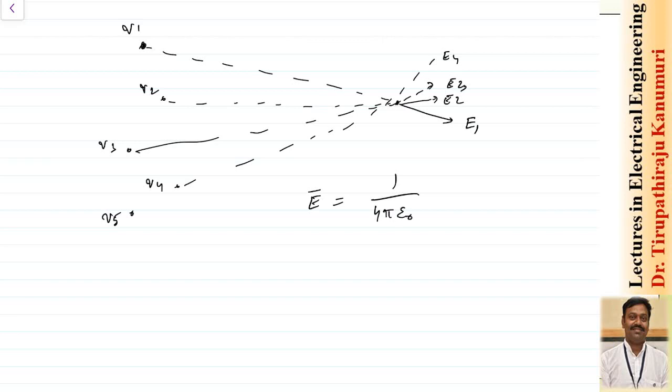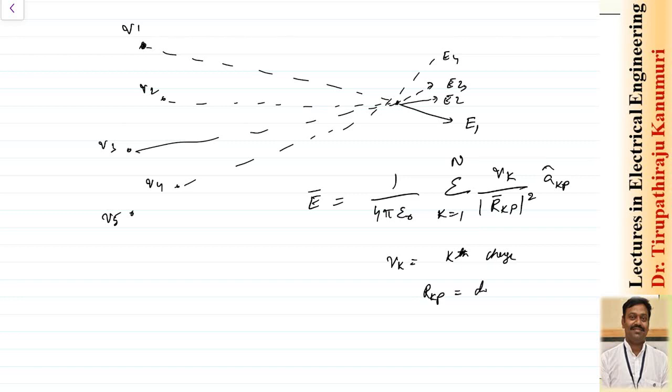So I can write this as 1 by 4 pi epsilon naught, sigma k from 1 to n, let us assume there are n charges, of qk divided by rkp squared, in the unit vector direction akp, where qk indicates the kth charge and rkp indicates the distance of the kth charge from point P. Let us assume this point is P, since I want to find the field at a particular point P. akp is the unit vector pointing in the direction that is known.